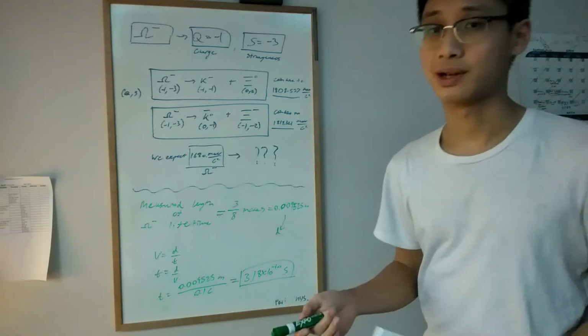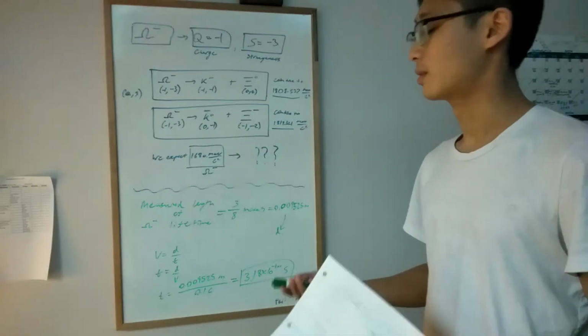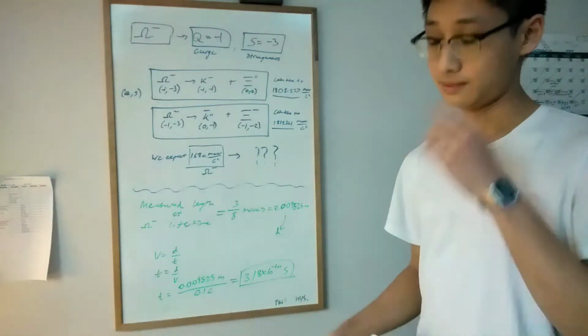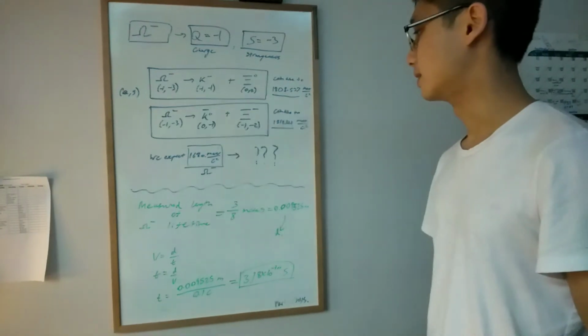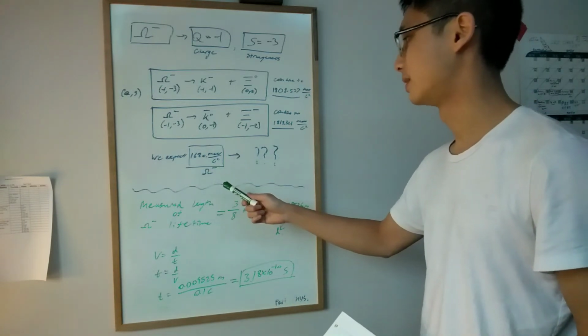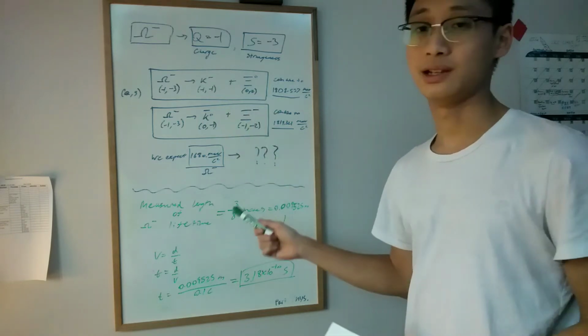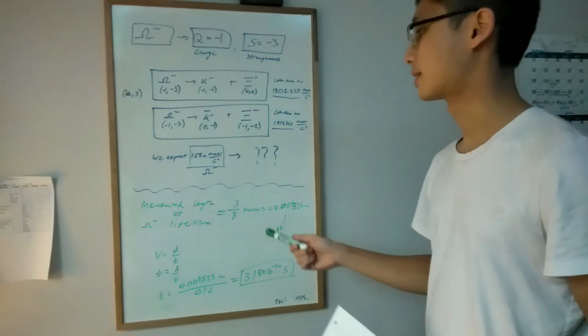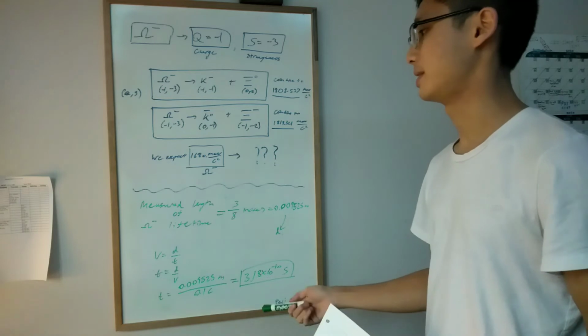And this is a problem because the expected mass of the omega minus particle is 1,680 megaelectronvolts per c squared. So these combinations are far too heavy for our expected mass value of omega minus.